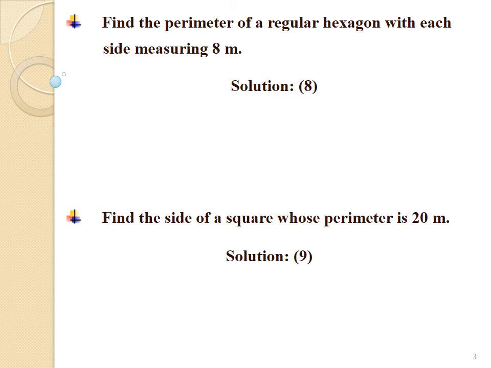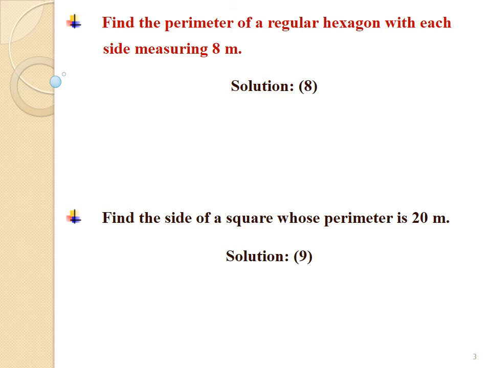Now, sum number 8. Find the perimeter of a regular hexagon with each side measuring 8 meters. Students, in this question, we have to find out the perimeter of a regular hexagon, and we have been given its side, which is 8 meters.